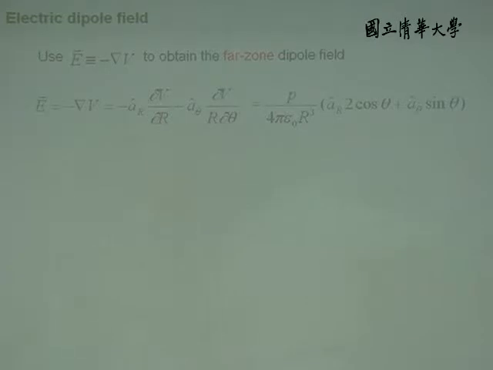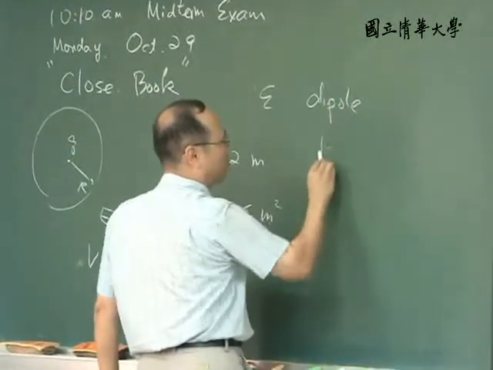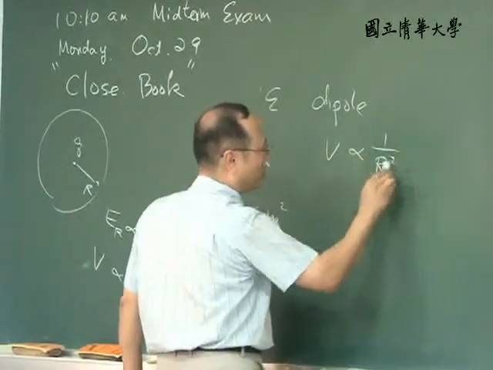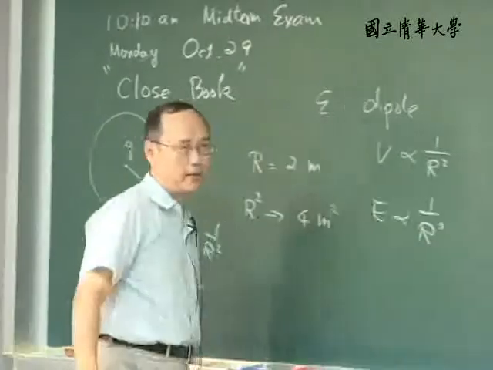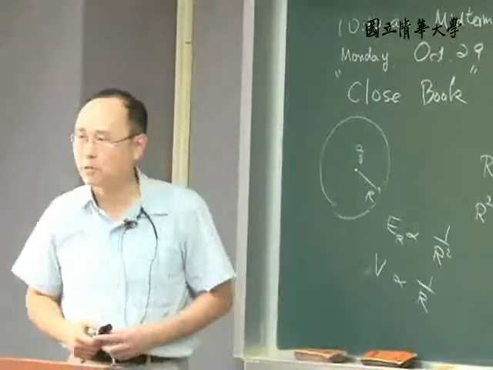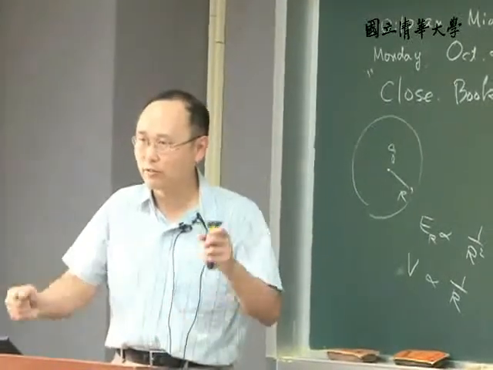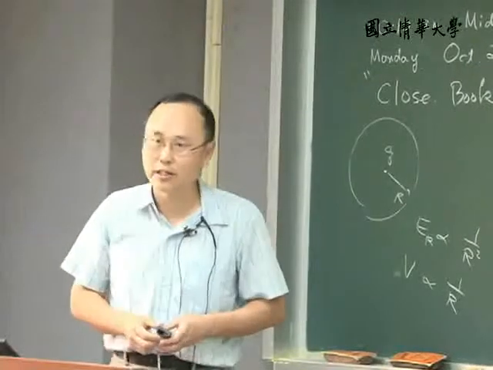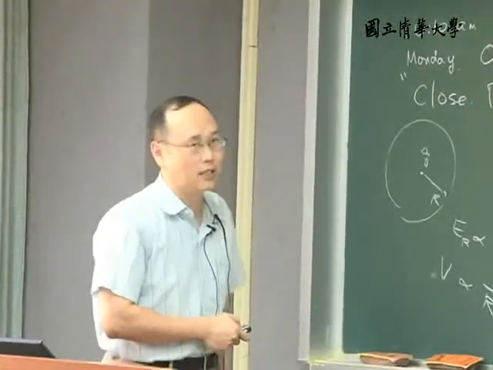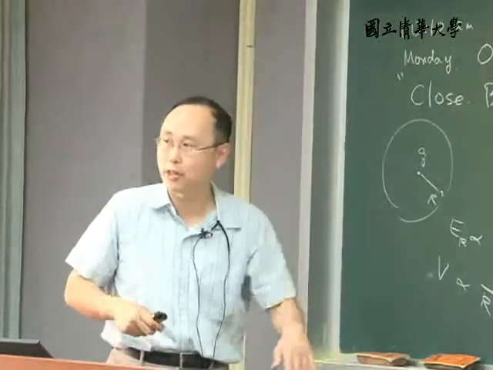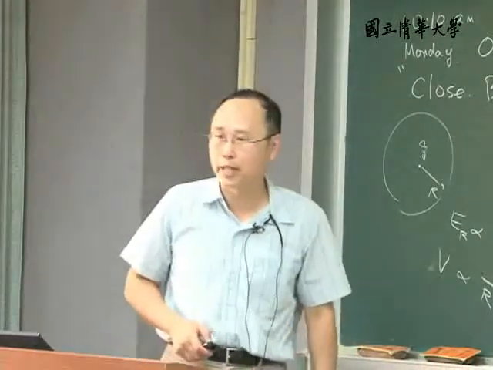So when you deal with dipole, your V is proportional to 1 over R squared, and E is proportional to 1 over R cubed. Okay, and this is because of partial compensation of the charges of opposite sign. You have positive and negative charges, so they compensate each other somewhat, so the field and the electric potential drop off faster. Okay, so whenever you have a formula, try to understand it, but not just memorize it.